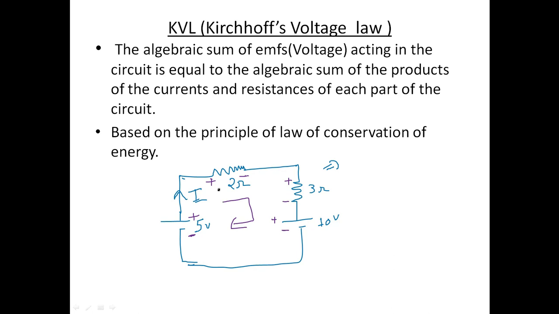From this particular point we are starting, so positive is coming first. So what will we write? 2I, because current I is flowing in this circuit. V is equal to IR, so the current is I and the resistance is 2, giving 2I, plus in this particular branch 3I, plus 10 minus 5.